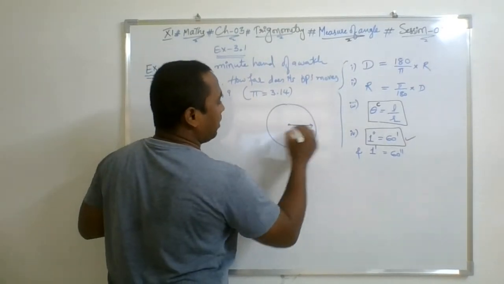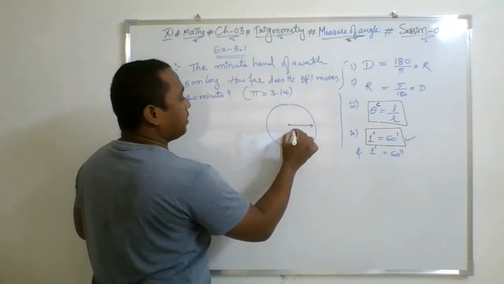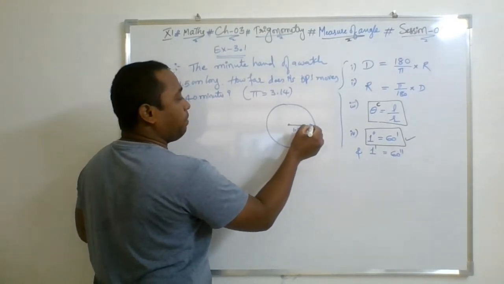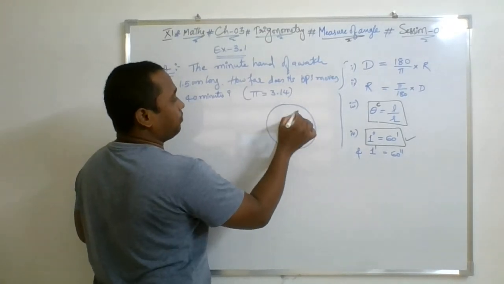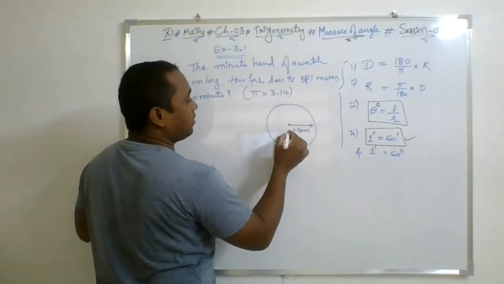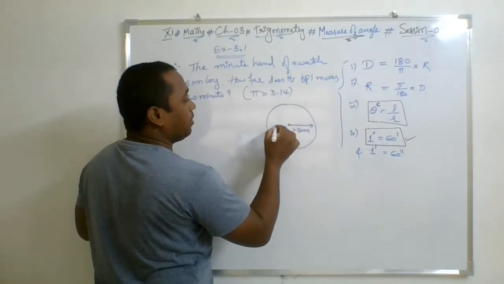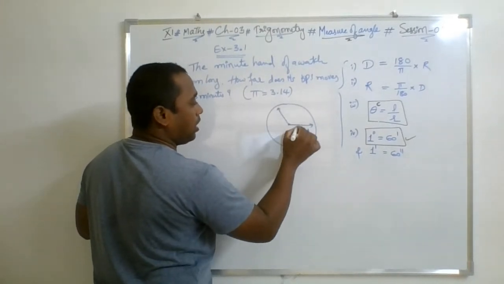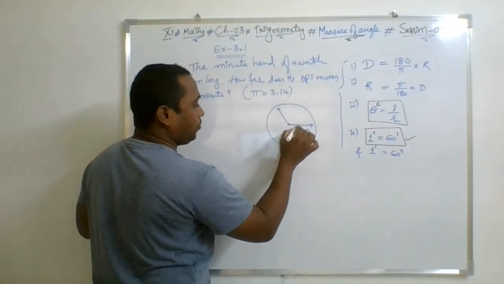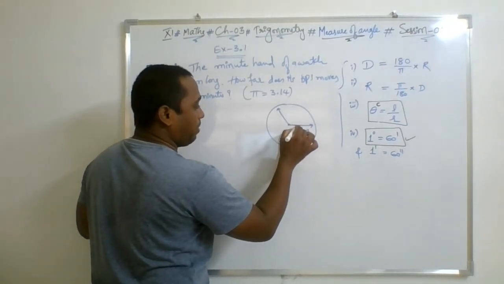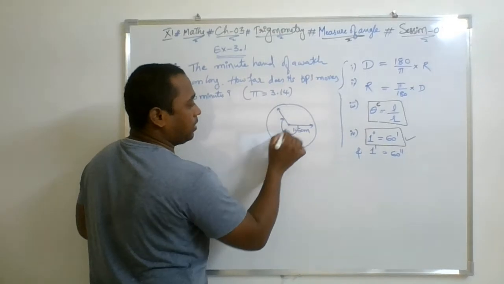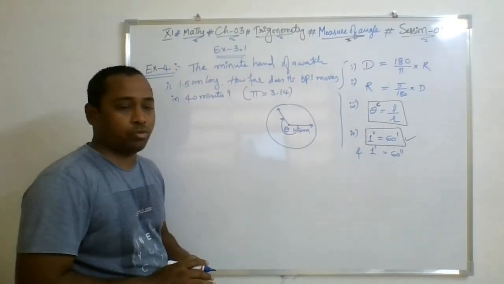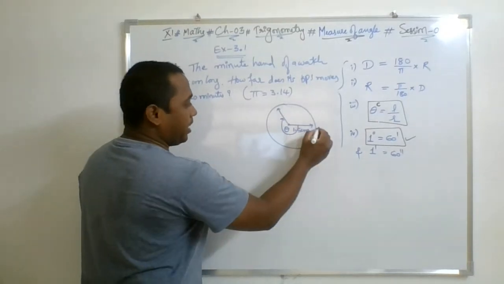Right? This is a minute hand whose length is given as 1.5 centimeter. So the tip is moving some distance in 40 minutes. After 40 minutes, let us say that this is the position after rotation of 40 minutes. After 40 minutes, some angle, that is theta, we don't know how much angle is rotated in the 40 minute duration.